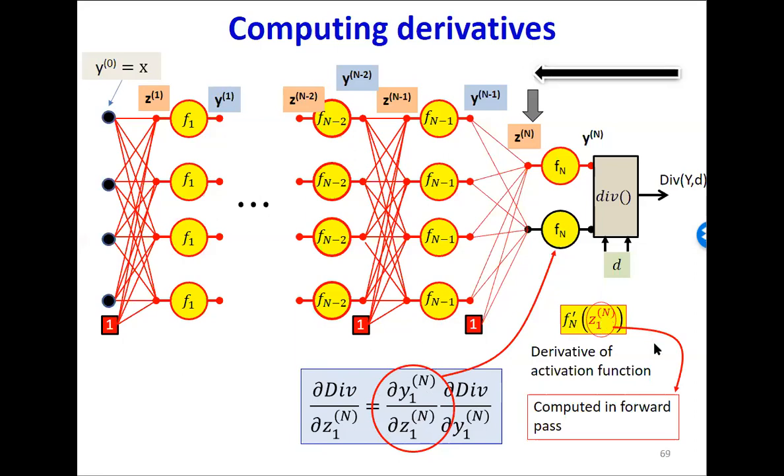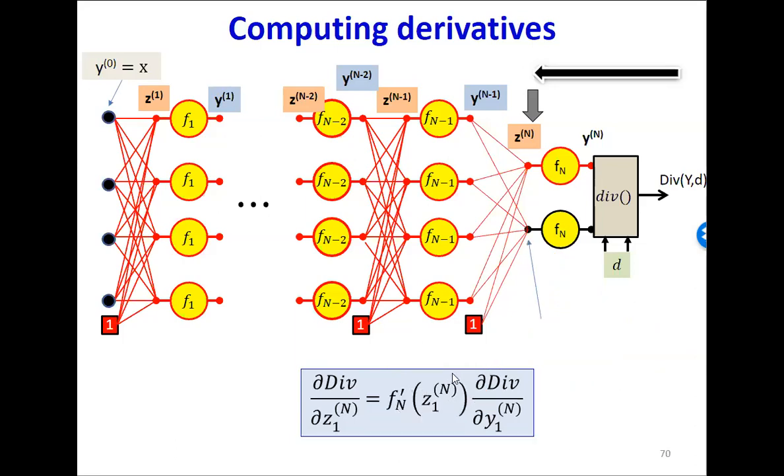And of course, this current value of the affine term was already derived in the forward pass. And so I can just plug this f prime in here. And this tells me how to compute the derivative of the divergence with respect to this affine term here.